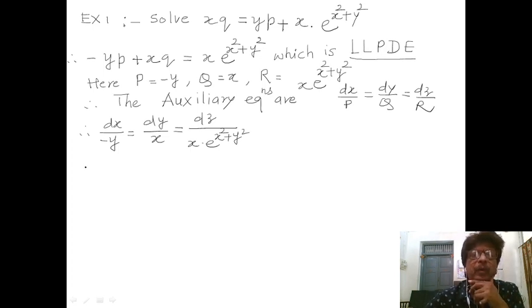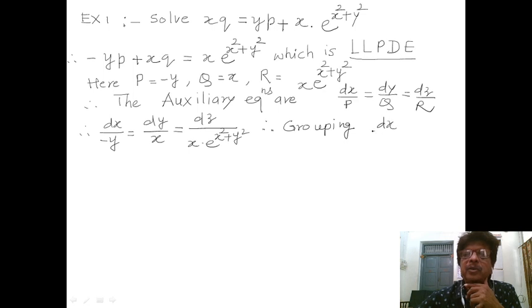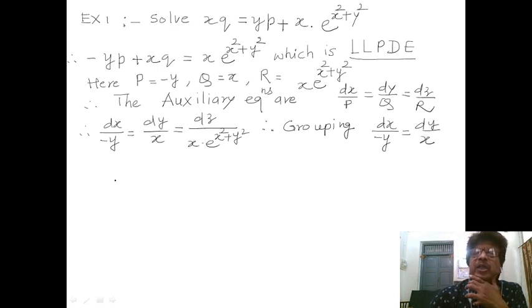Therefore, what shall we do? Grouping. Grouping what? Dx upon minus y equal to dy upon x, simply.